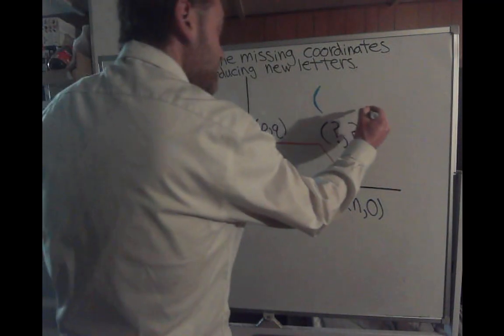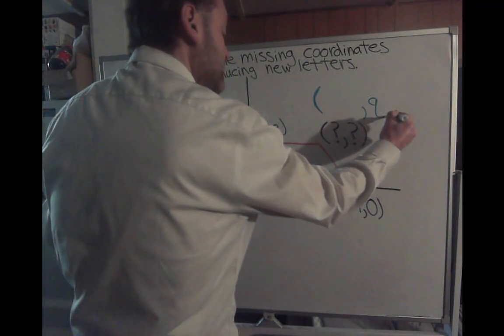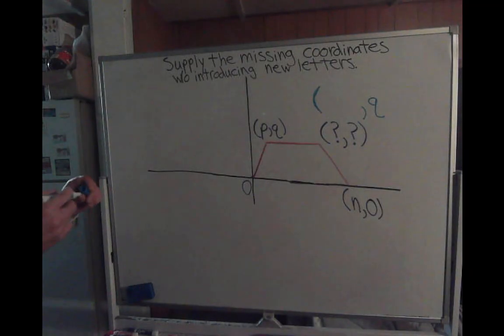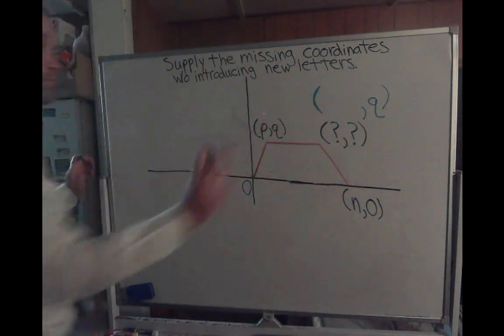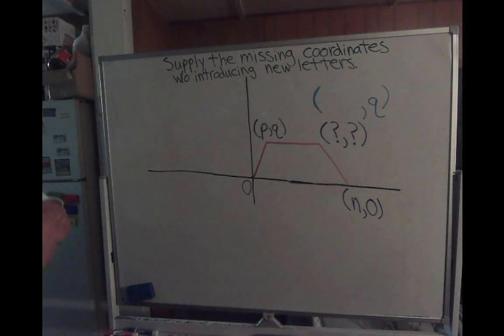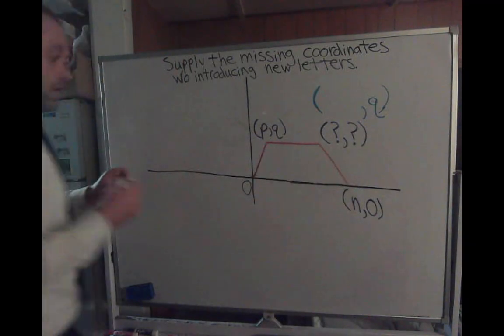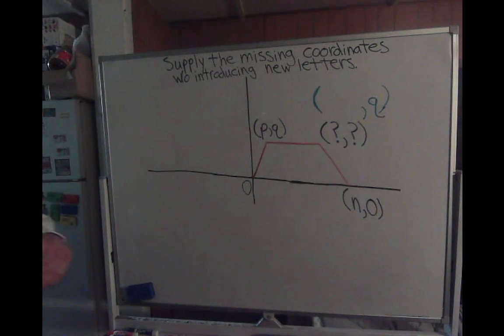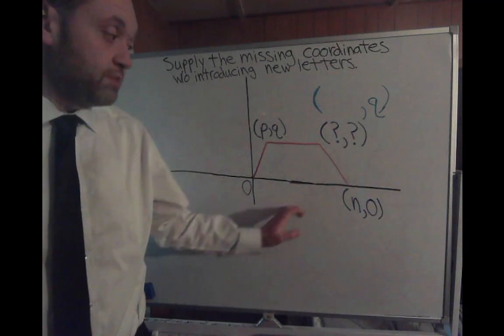So the missing y coordinate is definitely going to be q. Now, what about the x coordinate? Well, we know at this point you're over n units from the origin.